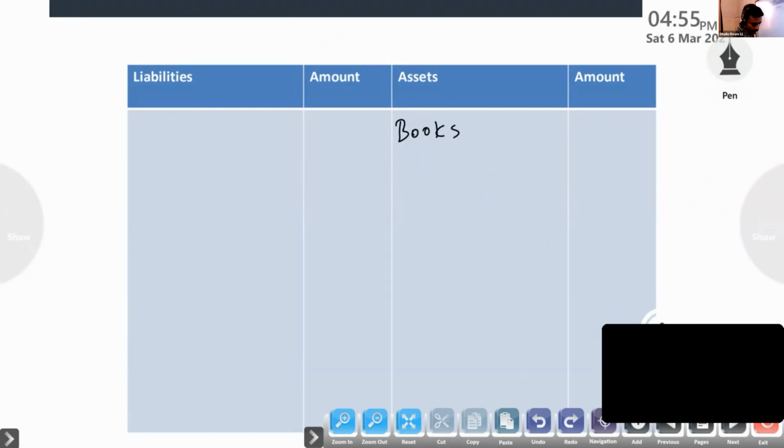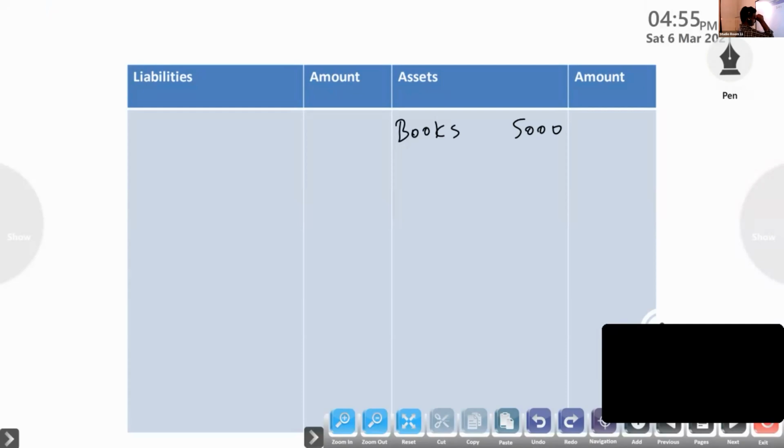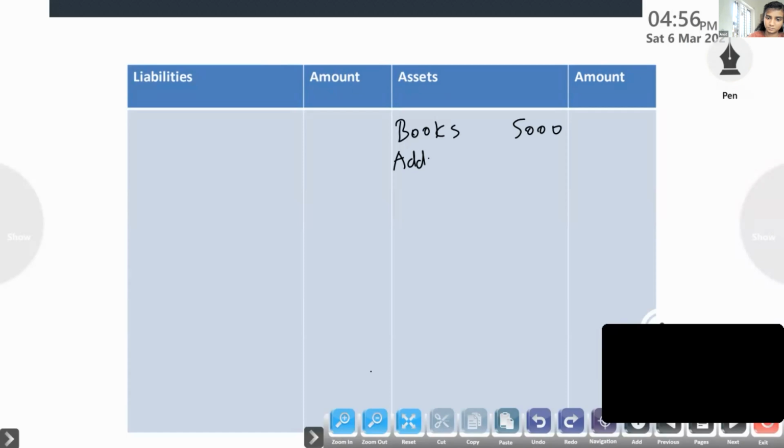And on the payment side, is there anything for books? Yes, sir. So is that add or less? Add. That is purchase.